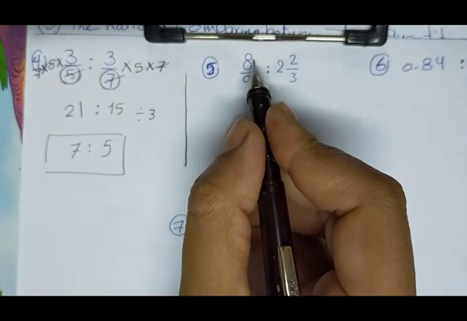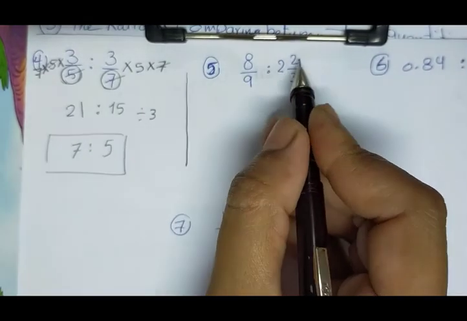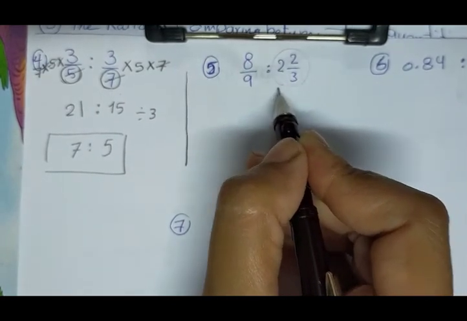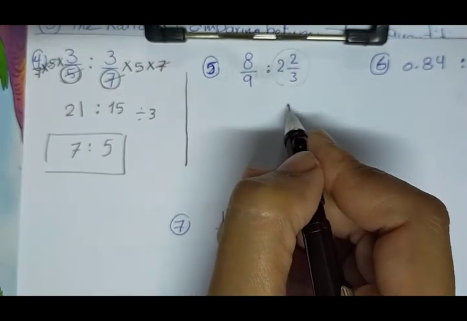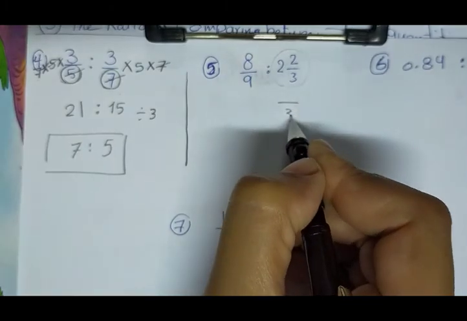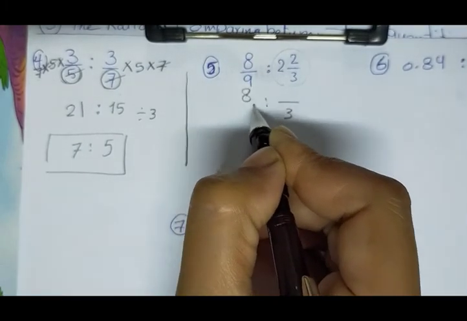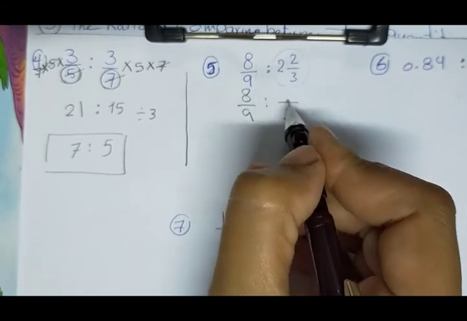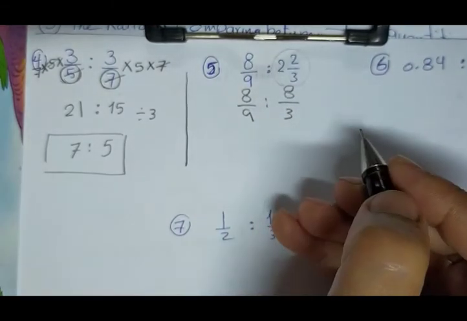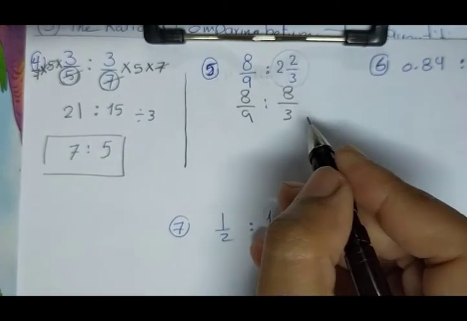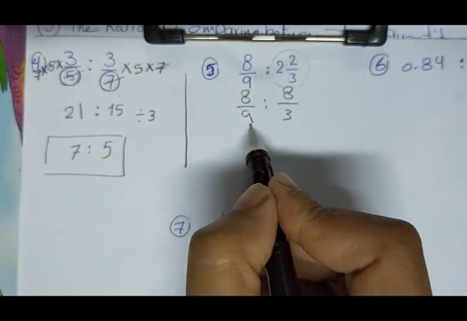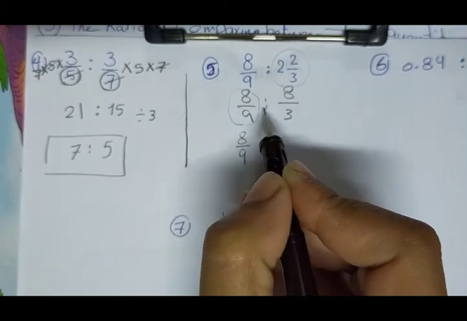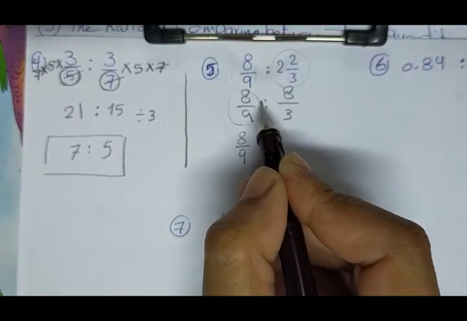Next example, 8 over 9 to 2 and 2 over 3. It's a mixed number. Convert to improper fraction. Same denominator, 8 over 9. 3 times 2, 6, 6 plus 2, 8. I have another way. Put the first term the same, 8 over 9. The 2 means divide.